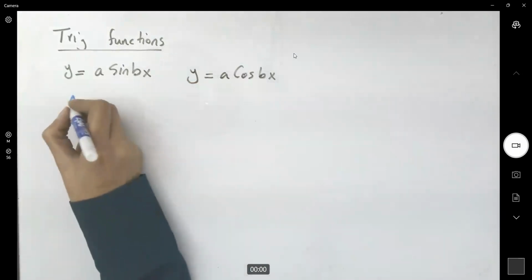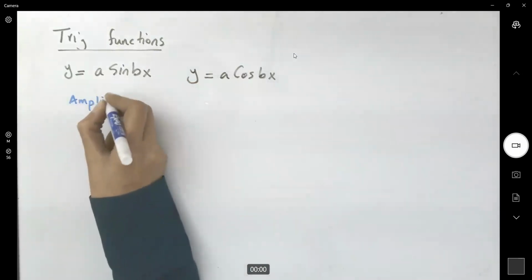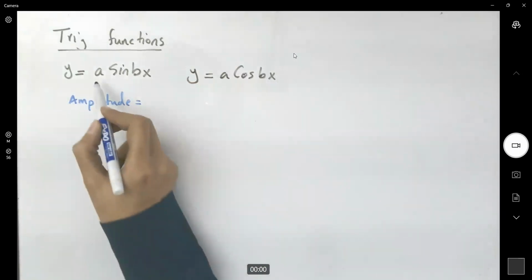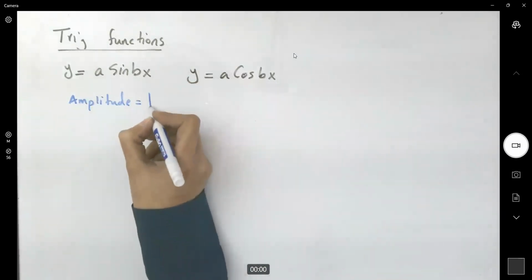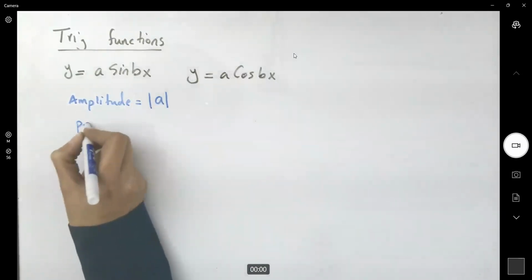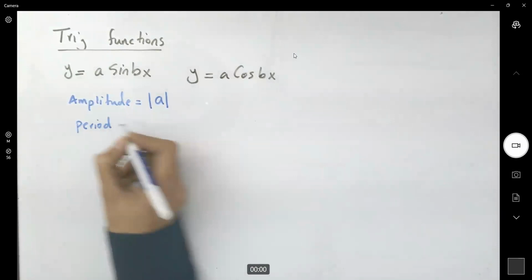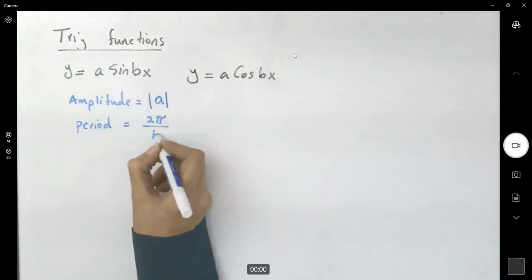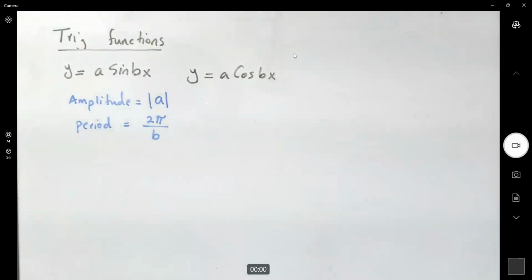The amplitude is equal to, well, here we have the absolute value of a, and the period is 2 pi over d. Very good.